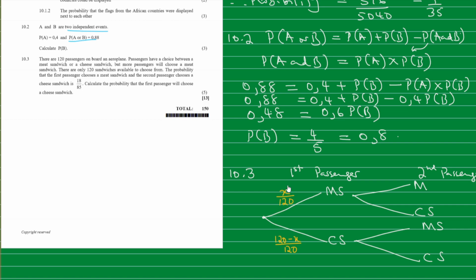For example, let's say 100 choose MS, so here we have 120 minus 100, which gives us the remaining 20. I hope you follow that.